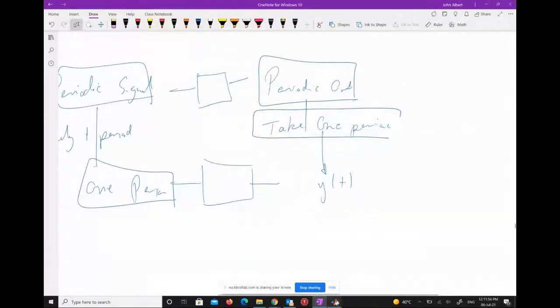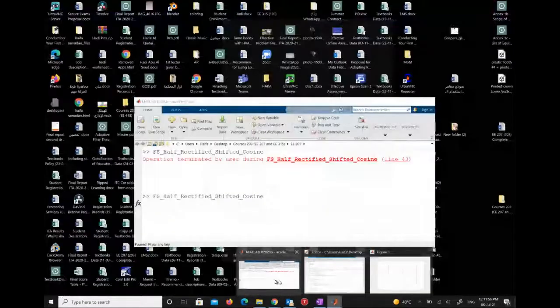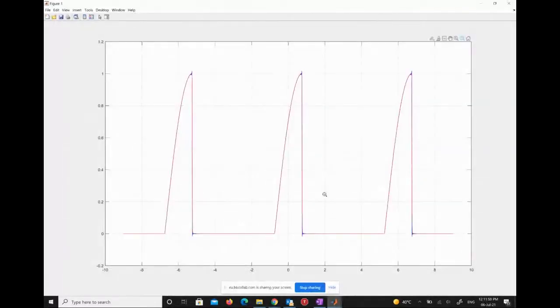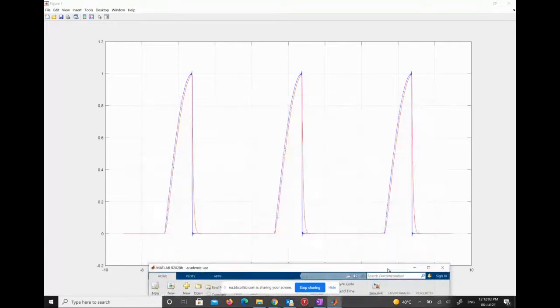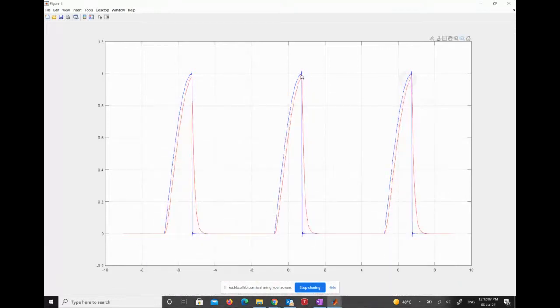However, if I come to the MATLAB code and press on the space, basically, down again, press on the space, notice what happens in here. The effect of the first period starts extending.